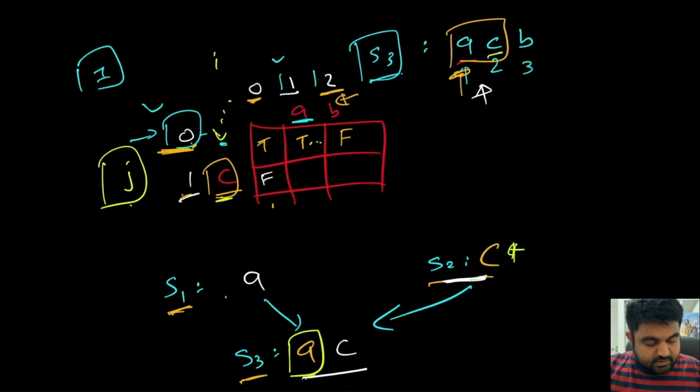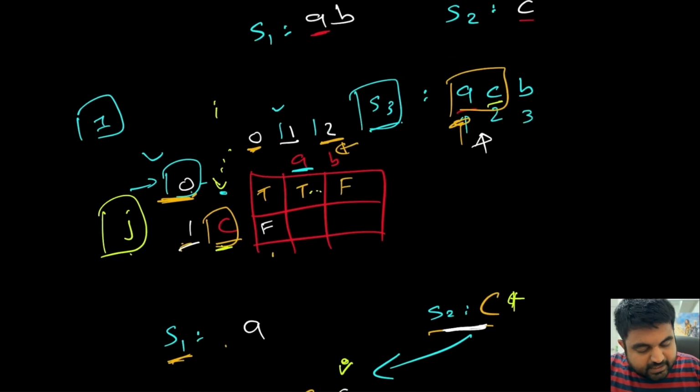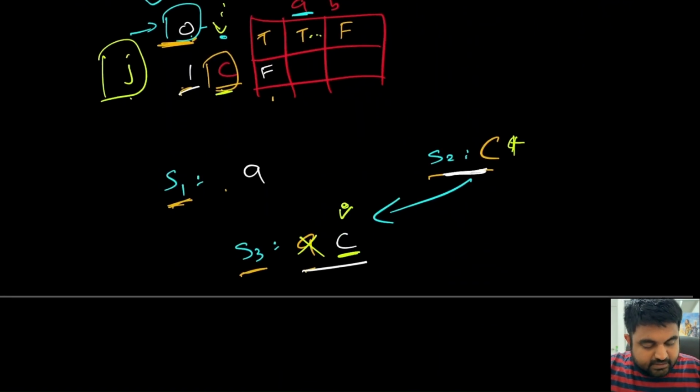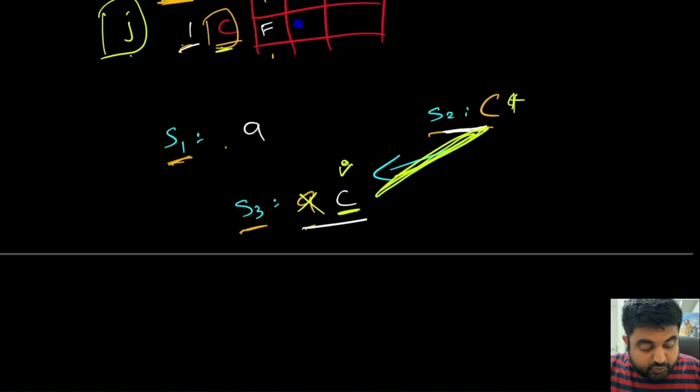If you get confused, just look at this example and it would make sense, because this character C is only good if we already have a previously matching character. If we did not have a previously matching character, let's say over here, instead of this s3 being ABC, if we had values XCB, then this would have been XC. So even if these two characters match, because we are at this particular cell, still this should not have been true.